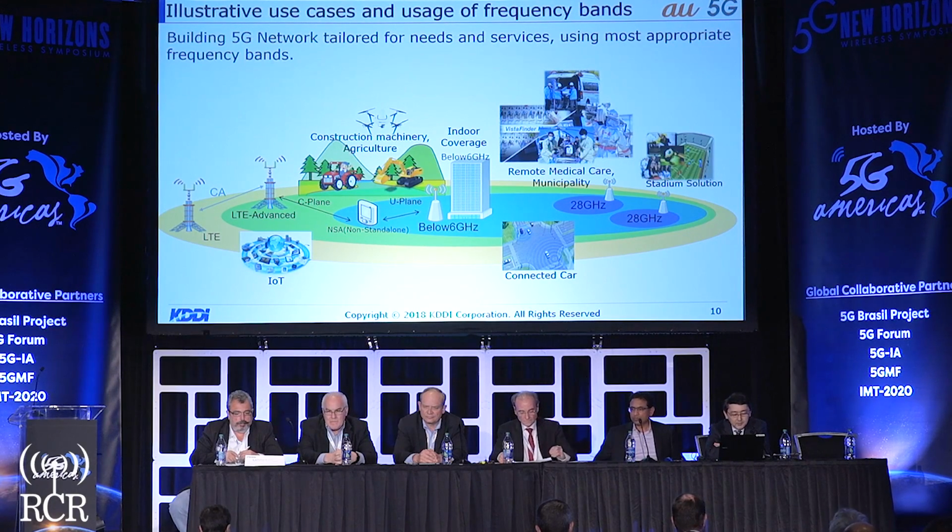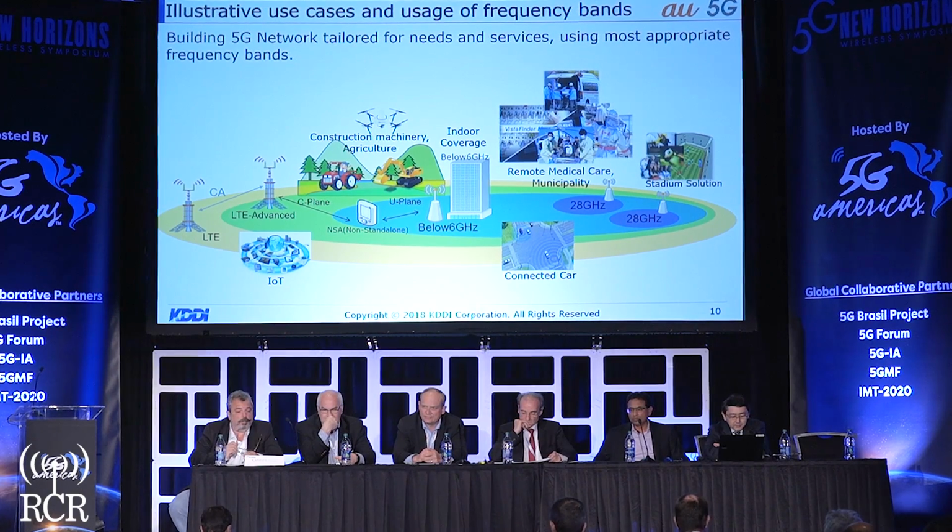So this figure shows the illustrative relationship between frequency bands, area coverage, and use cases. In this diagram, 28 gigahertz and sub-6 gigahertz are the spectrum for 5G. The lower frequency bands, including LTE band, will be suitable for applications requiring wider coverage, including IoT, while peak data rate and capacity will be lower than 5G.